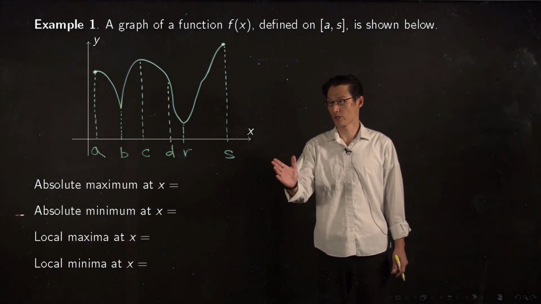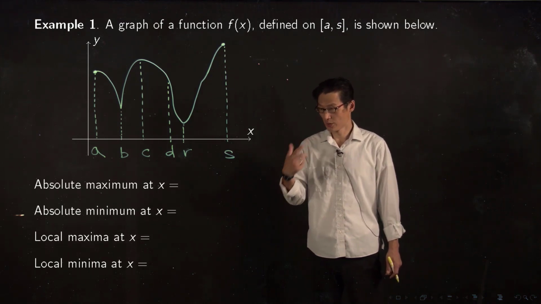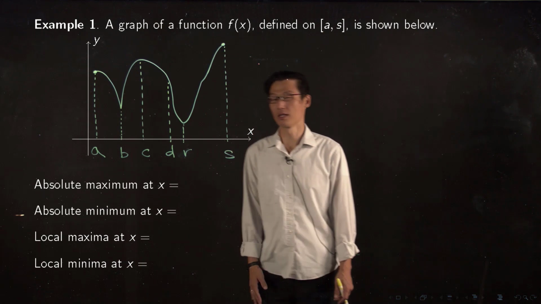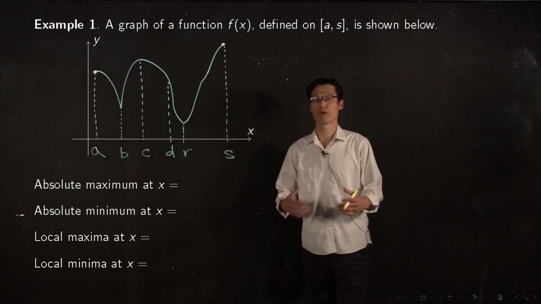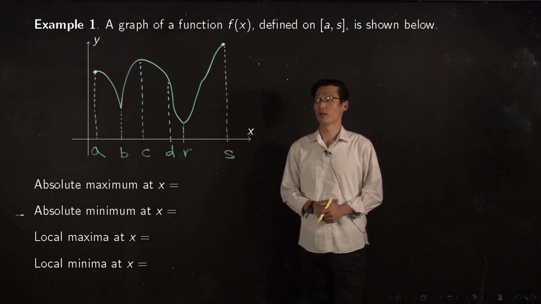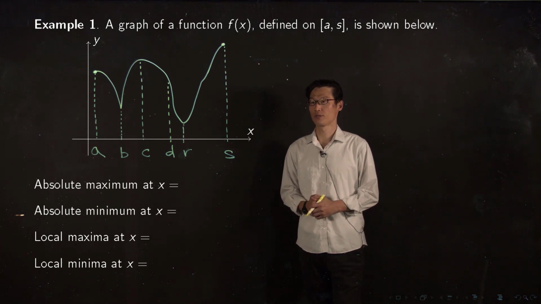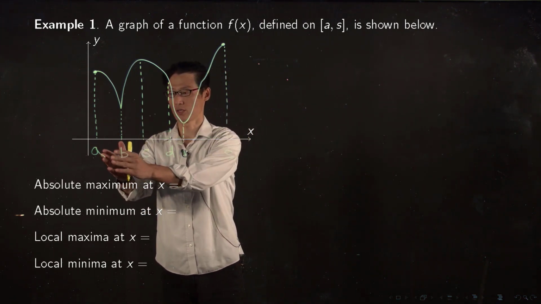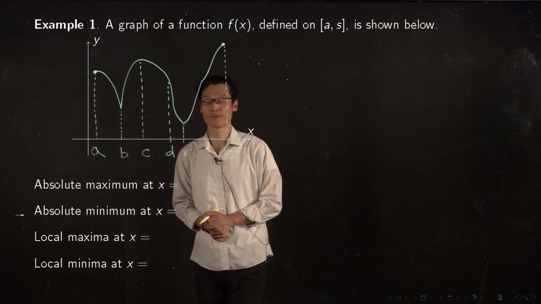So here is a quick example to make sure that those terminologies stand for absolute maximum, minimum, and so on. So look at this graph. We have a function whose graph looks like this on the interval from a to s.